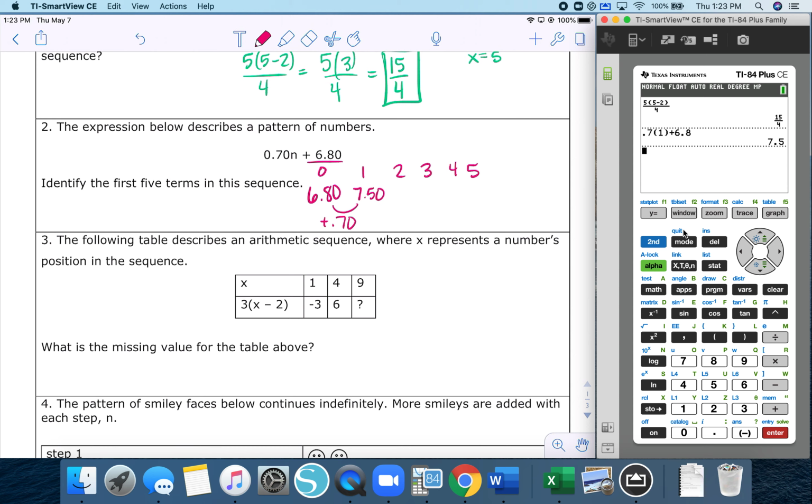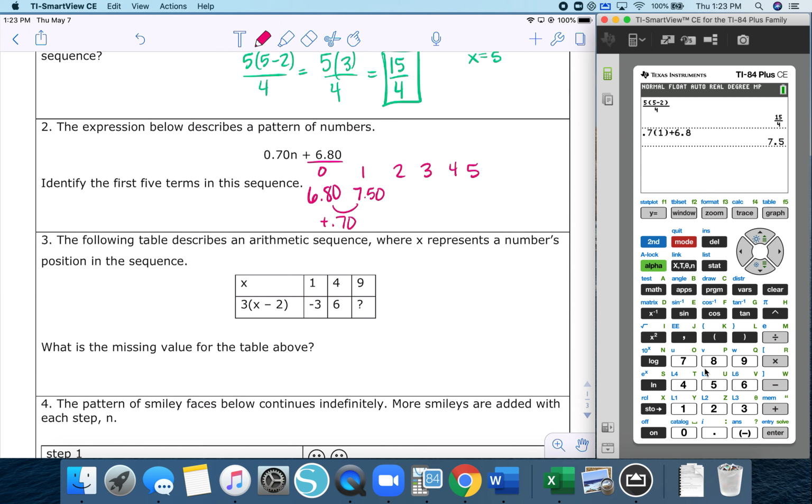If you have a graphing calculator, you could plug this whole thing in, so 0.7 n or x plus 6.8, and go to the table to see your values. You can also just keep adding whatever this is, or plug these numbers in for n.